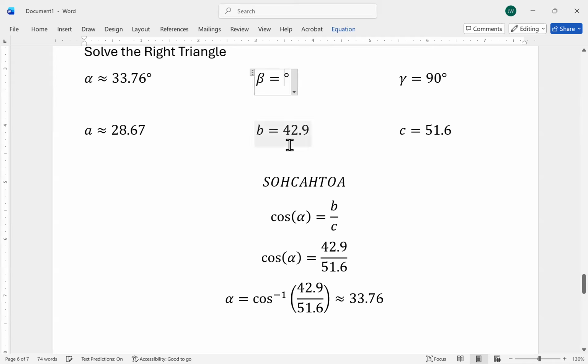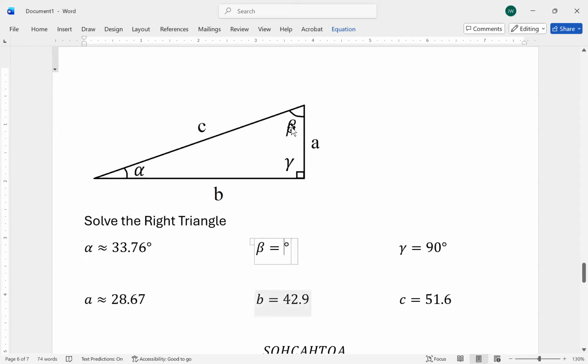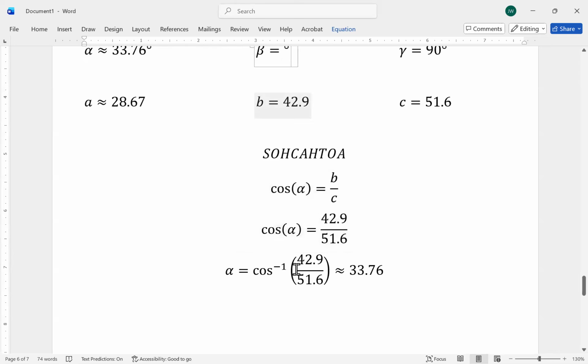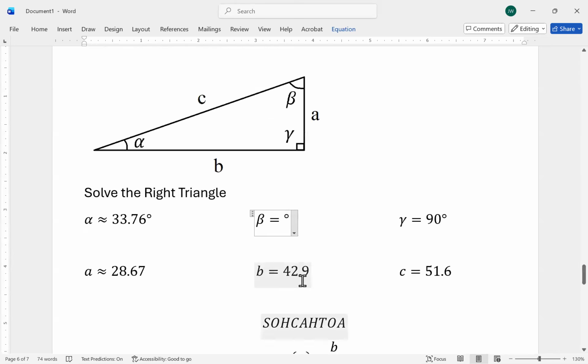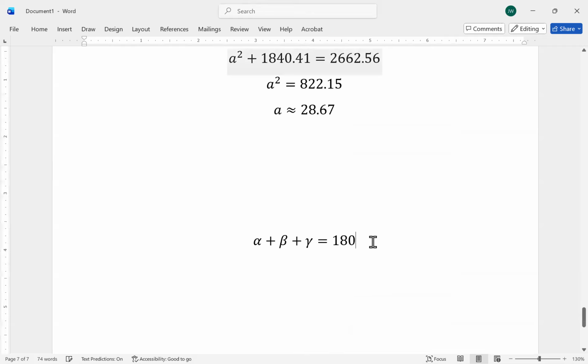If I wanted to find beta, there's a couple of ways I could do it. I could use the fact that sine of beta is b over c and do the exact same calculations here. Or probably what would be the easier way to find beta now is to realize that that is the only angle that I haven't found. So that means alpha and beta and gamma have to add up to 180.